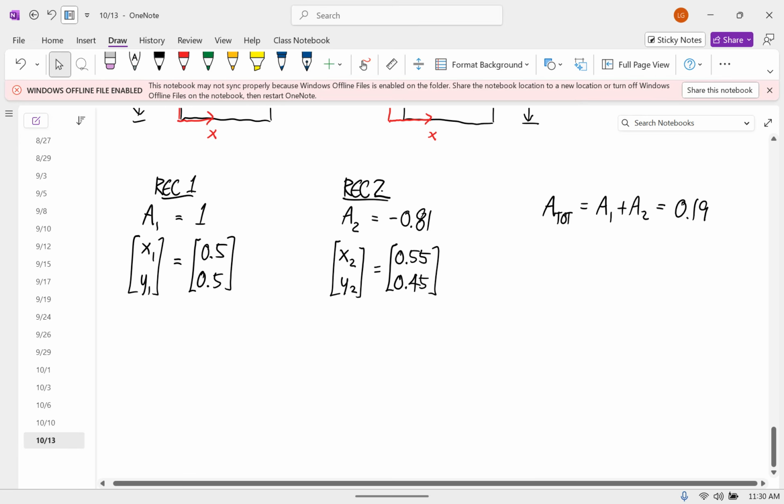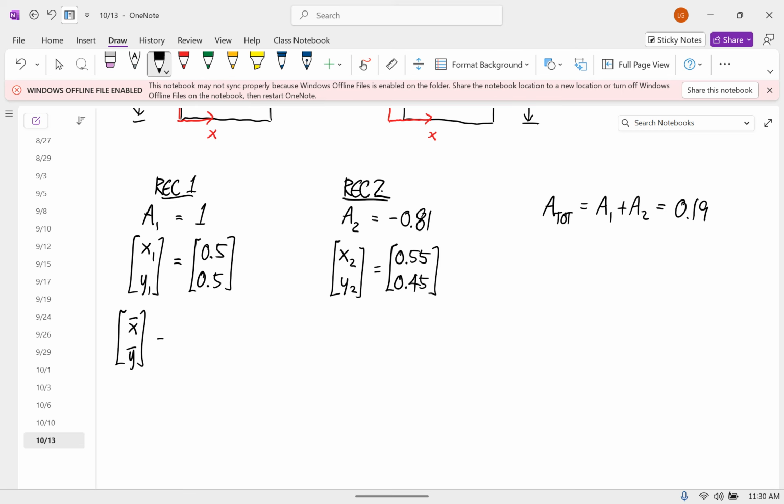And so now we can use the formula. x bar, y bar is equal to 1 over 0.19 times 1 times the vector 0.5, 0.5, and then minus 0.81 times the vector 0.55, 0.45.